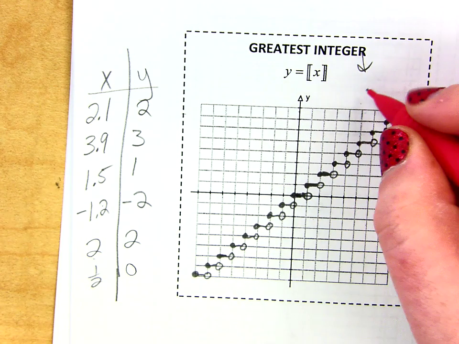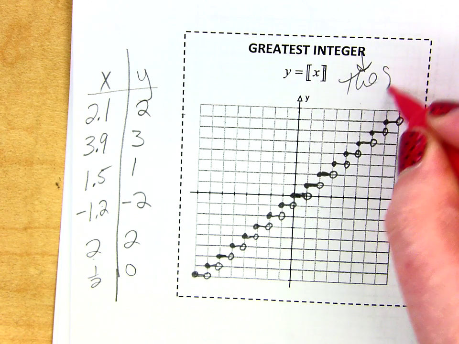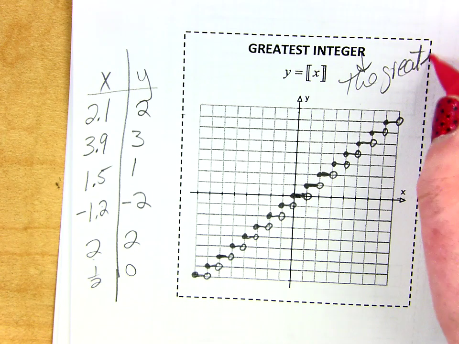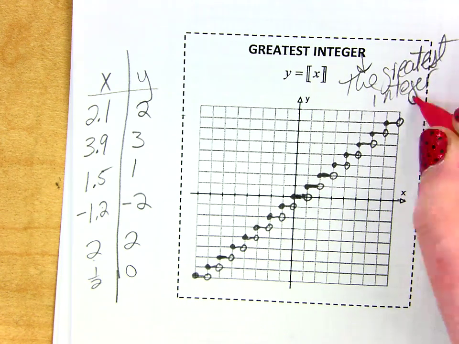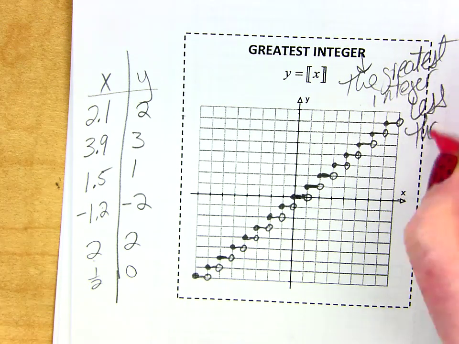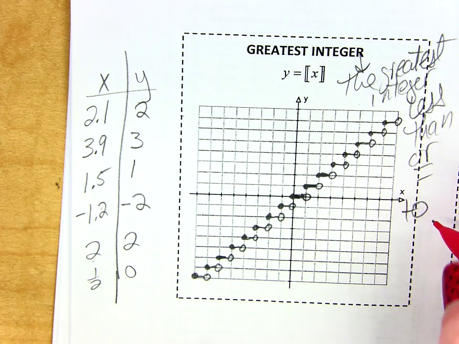So let's just jot it down in words. The greatest integer less than or equal to x.